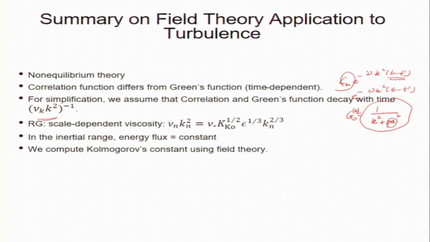Energy flux is constant. We compute the Kolmogorov constant in the field theory. Theoretical predictions are close to numerical results, except for the Kolmogorov constant. But it turns out if I do the Navier-Stokes equation, I get pretty much the same convergence. The shell model Kolmogorov constant is lower than DNS, that means lower than what we get for Navier-Stokes.